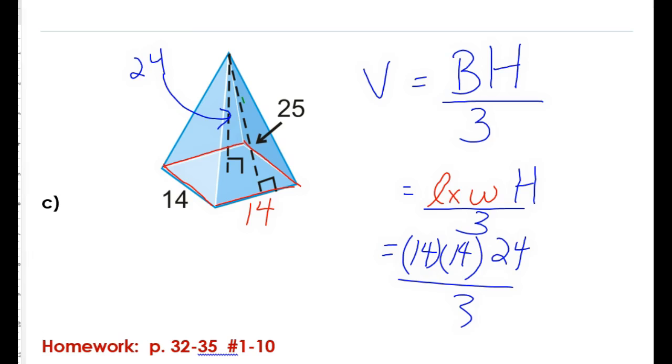So 14 times 14 times 24 divided by 3 gives me the total volume of this pyramid as being 1,568 cubic units.